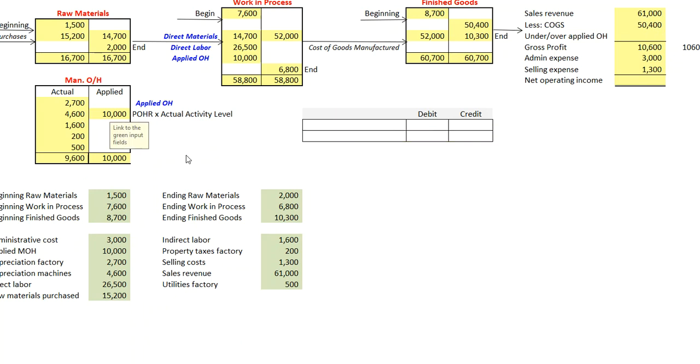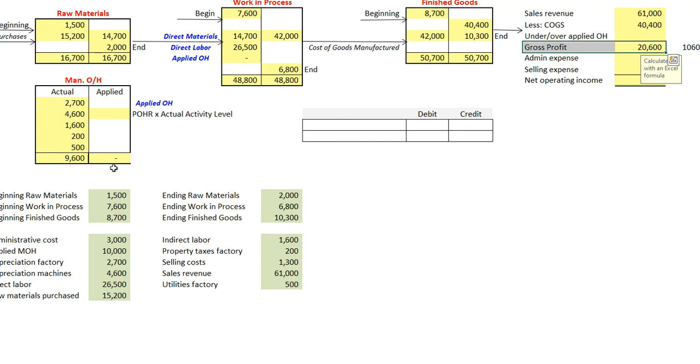Let's consider an extreme example where we have nothing for applied manufacturing overhead. Well, that's going to make work in process too low by 10,000, which of course will make finished goods too low, which of course will make cost of goods too low, which will then of course make our gross profit and net income too high.